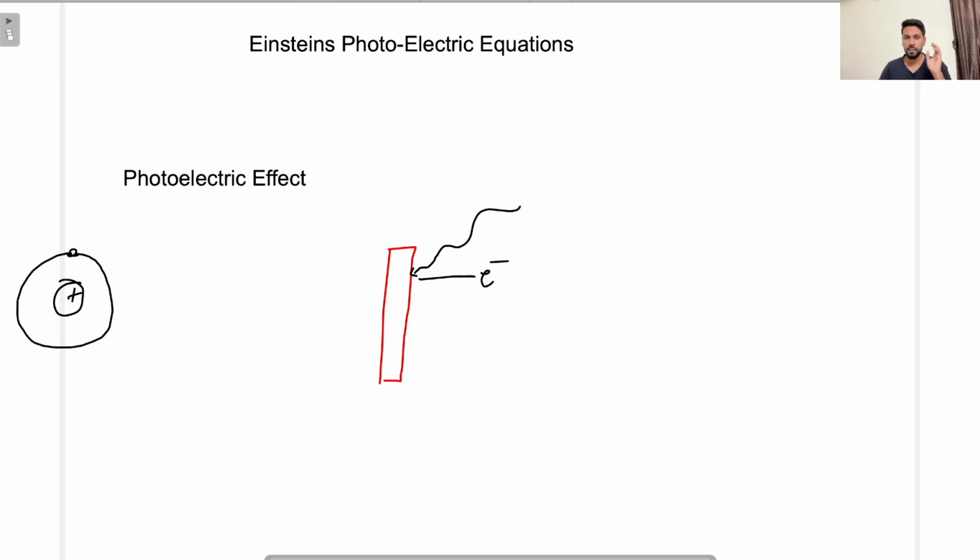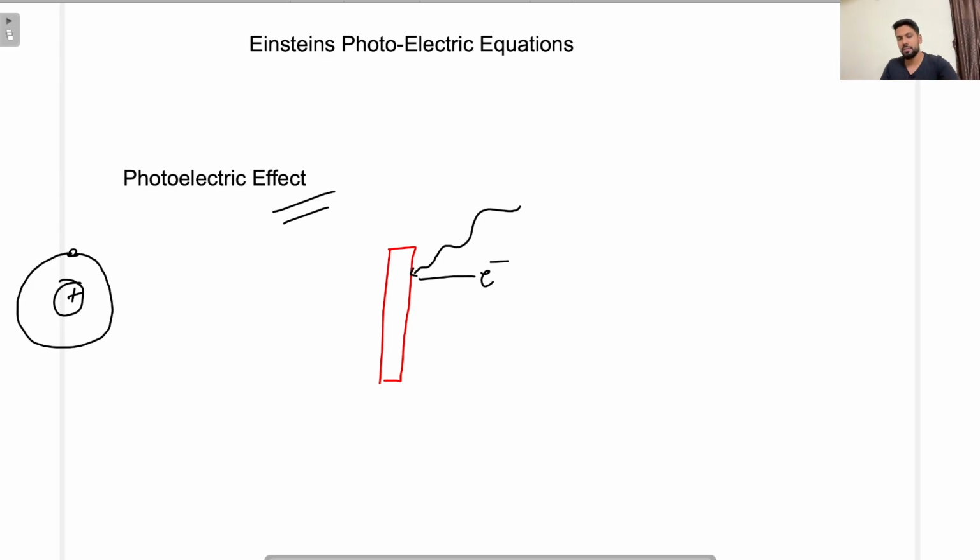Now, when I send a light ray of appropriate frequency, it ejects the electron outside the metal. That means the electron gains some energy from that light ray, and it comes outside. This particular effect is known as the photoelectric effect.